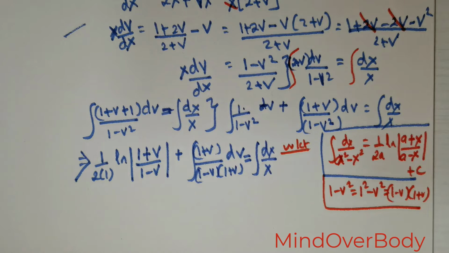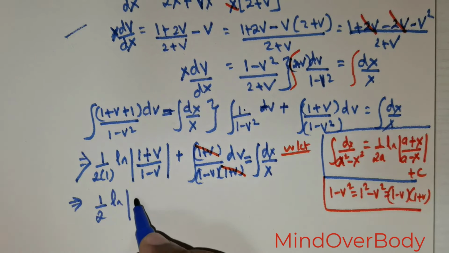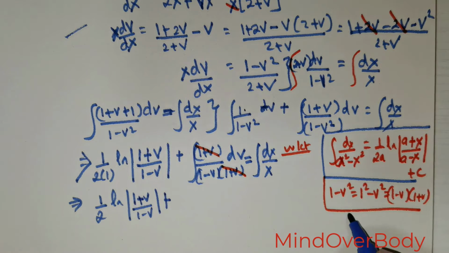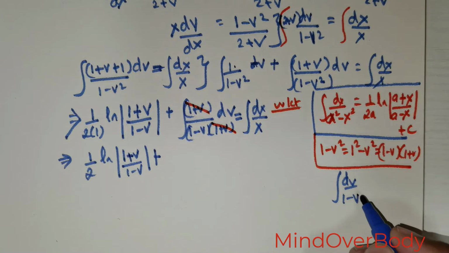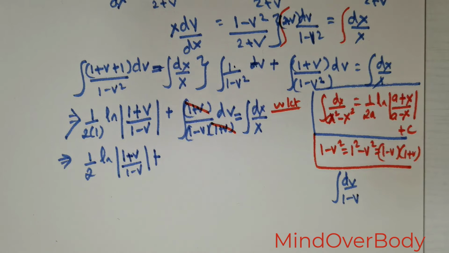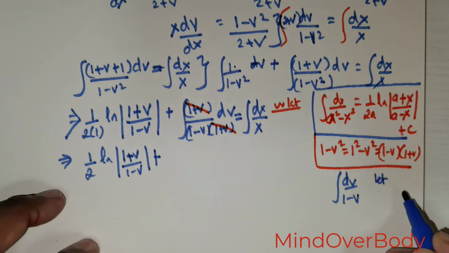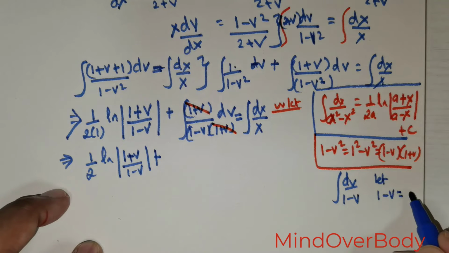Now I can clearly cancel 1 plus v, 1 plus v, and then this would imply I get 1 over 2 ln of 1 plus v divided by 1 minus v plus integral of dv over 1 minus v. Now integral of dv over 1 minus v, we can make some substitution using log. So I'm going to say let 1 minus v be equal to some t.